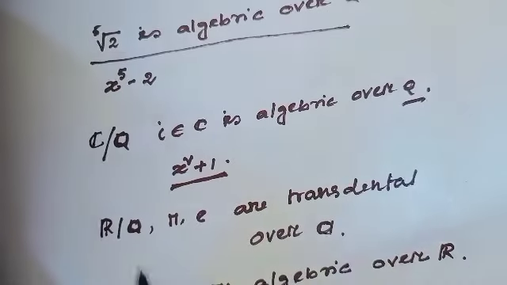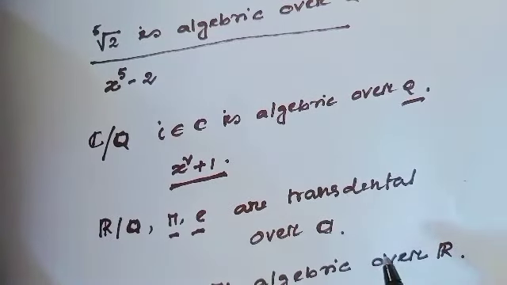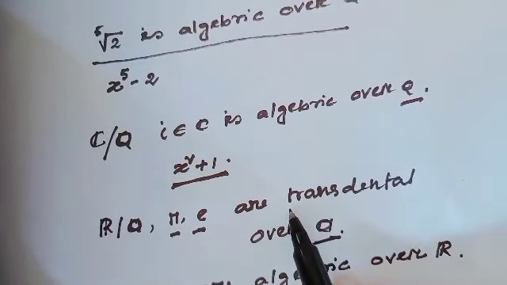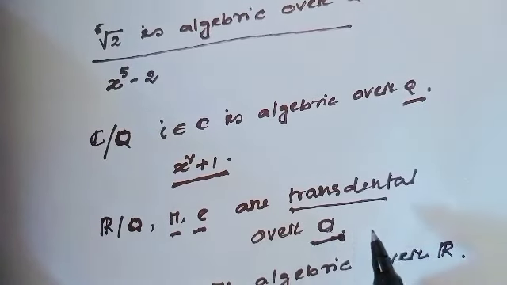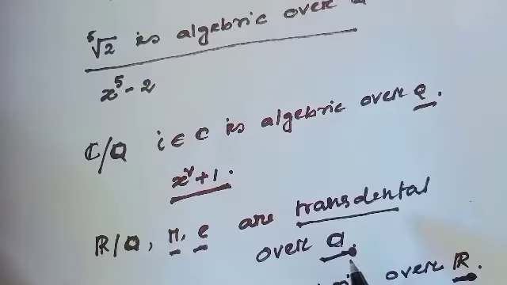But if we consider R over Q, then the numbers pi and e are not algebraic over the rational numbers. So they are called transcendental over the rational numbers, because there exists no polynomial with rational coefficients which has root pi or e.